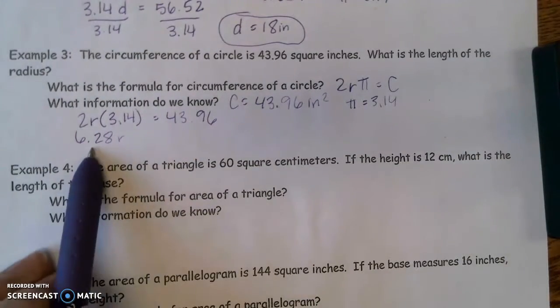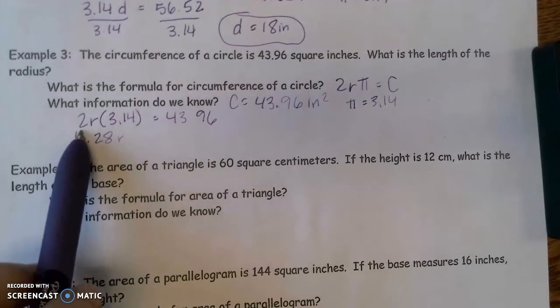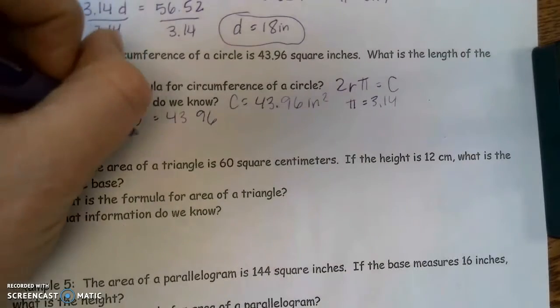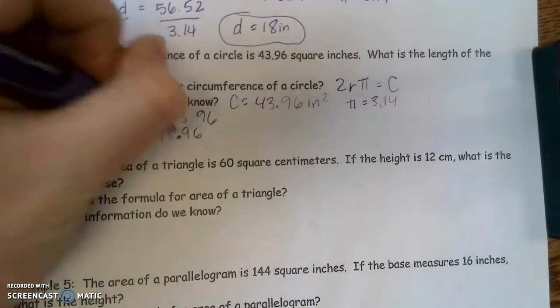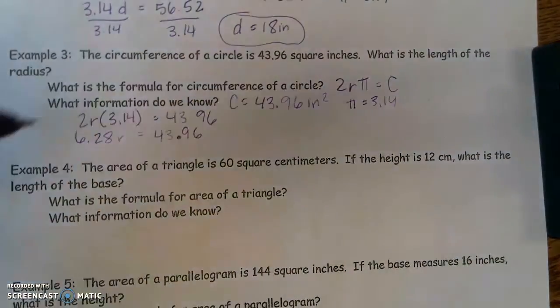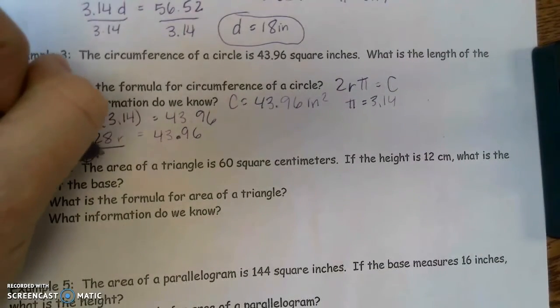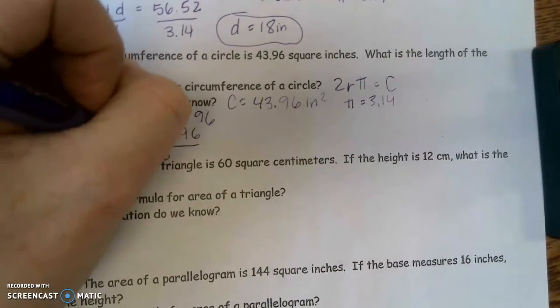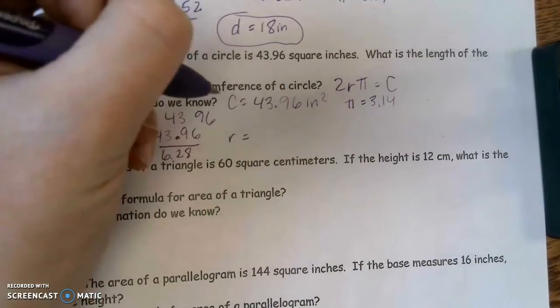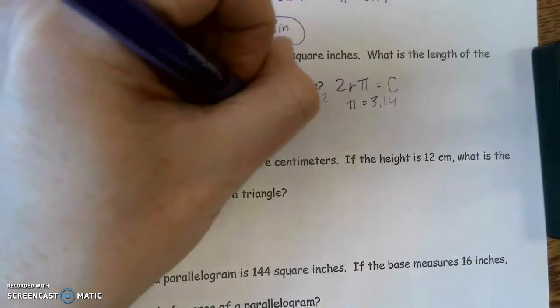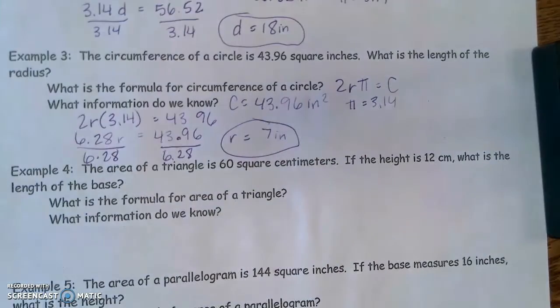Once again, I got 6.28 by doing 3.14 times 2. 6.28 times r equals that circumference. Now I'm going to divide by 6.28 on both sides, and I would get r is equal to 7 inches.